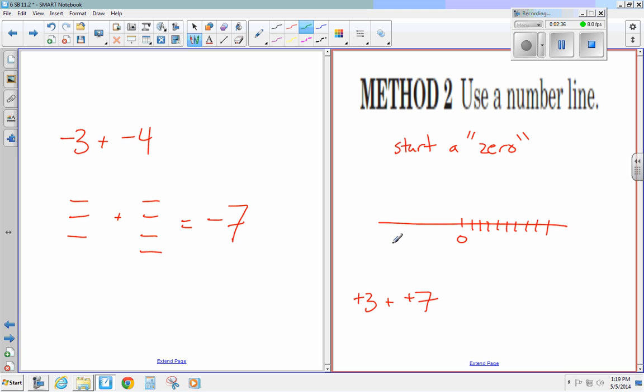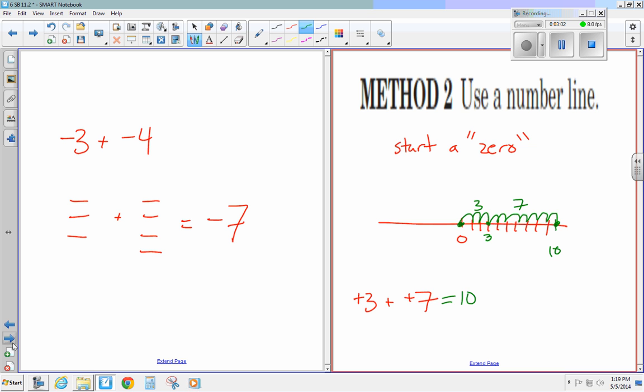For this one, you have 3. So start at 0 and go 1, 2, 3. Now we're at 3, and you're adding 7 more positives. 1, 2, 3, 4, 5, 6, 7. So now we're right here. So that was 3 with 7 more positives, which gives us 10.